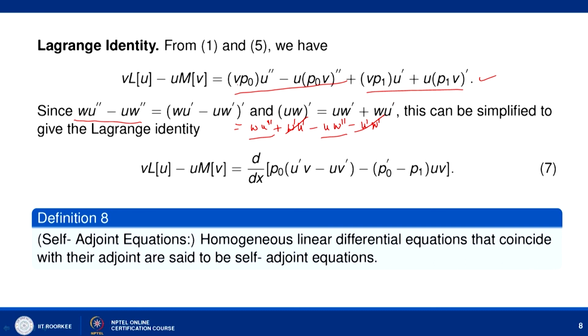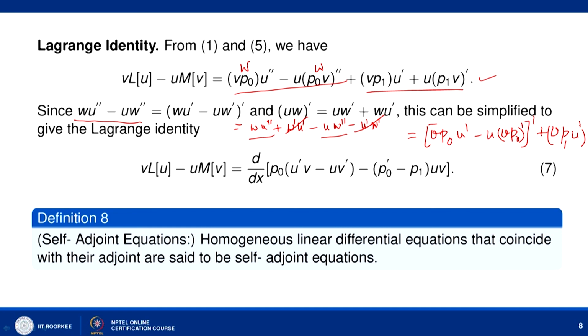Using this, here w is v P0. So we can write this term as v P0 u dash minus u v P0 dash, whole dash, plus v P1 u dash.